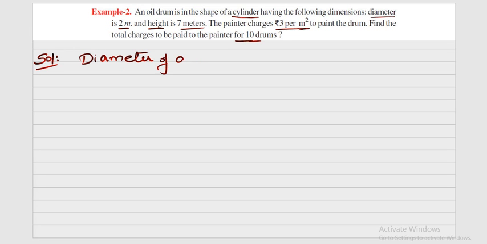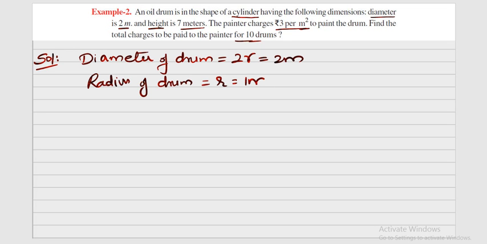Diameter of drum is represented by 2R. So 2R is equal to 2 meters. So from this clearly, radius of drum R is equal to half of it, so 1 meter, right? Next, height of drum is nothing but H, which is equal to 7 meters.